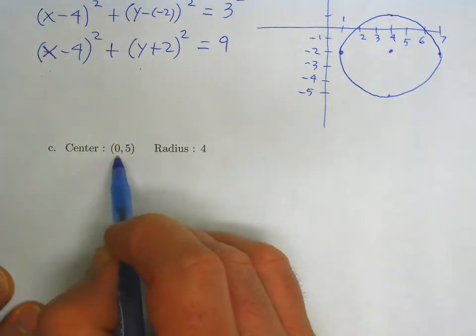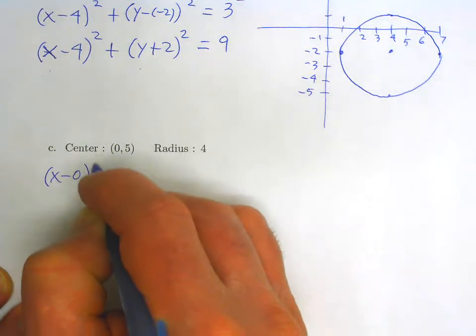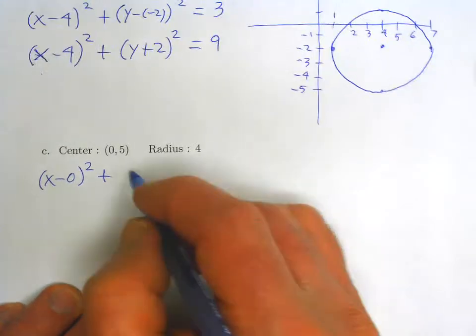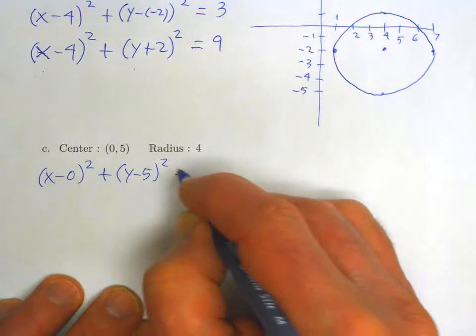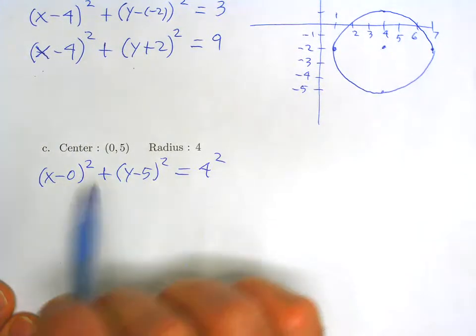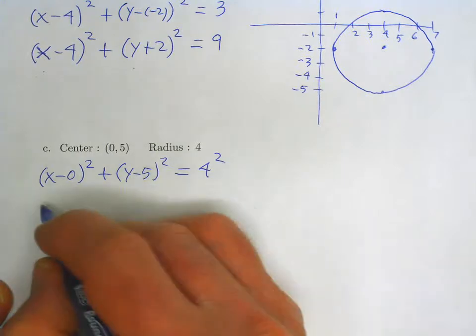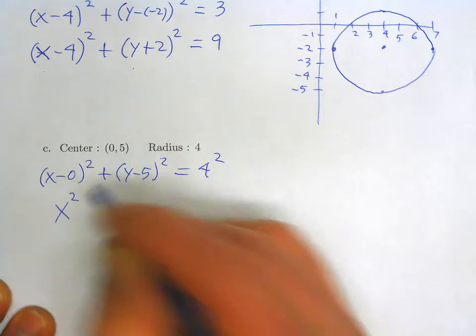Okay, so the x-coordinate of the center is 0, so x minus 0 quantity squared, and then plus y minus 5 squared equals the radius squared. X minus 0 is just x, so we'll just write x squared for that term.